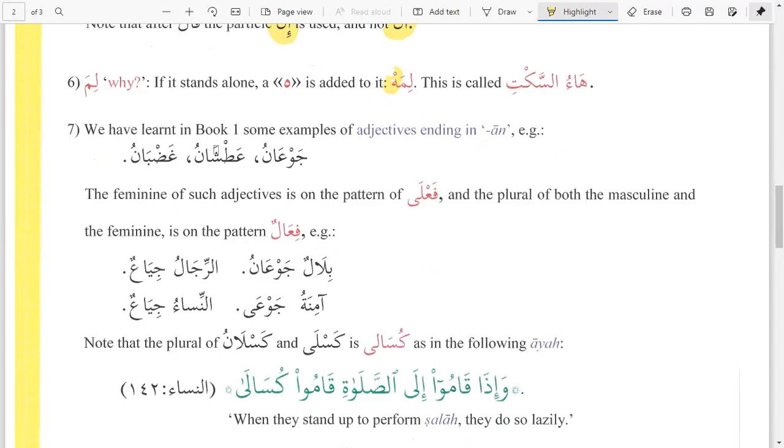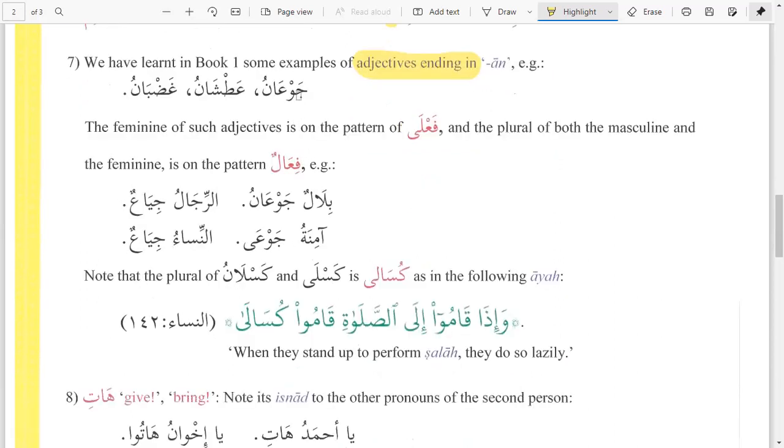In the first book of Durusul Lughatul Arabiya, we have learned about the adjective ending of ana. If the adjective ending is alif and noon, like jawanu, atshanu, ghadbanu, they are mamnu min as-sarf.